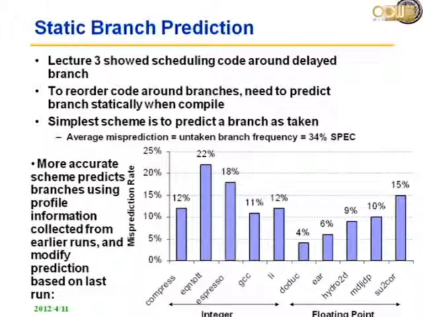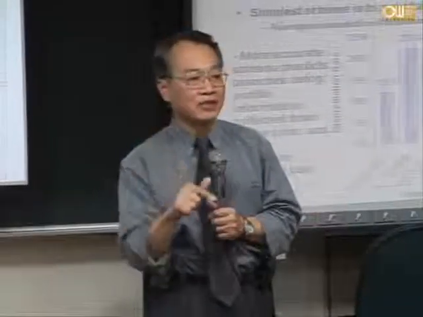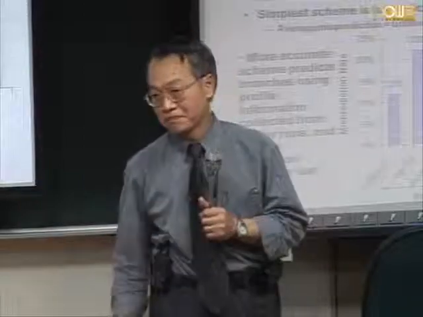Okay, so a more accurate scheme predicts branches using profile information collected from earlier runs and modifies the prediction based on the last run. So what does this mean? This means we can do even better. We can observe the behavior of every individual branch instruction and make a customized prediction for each branch.